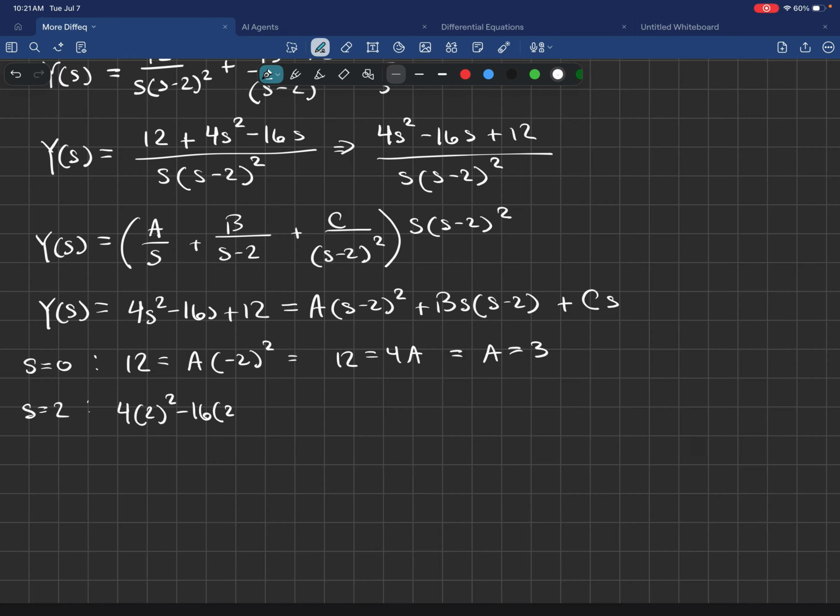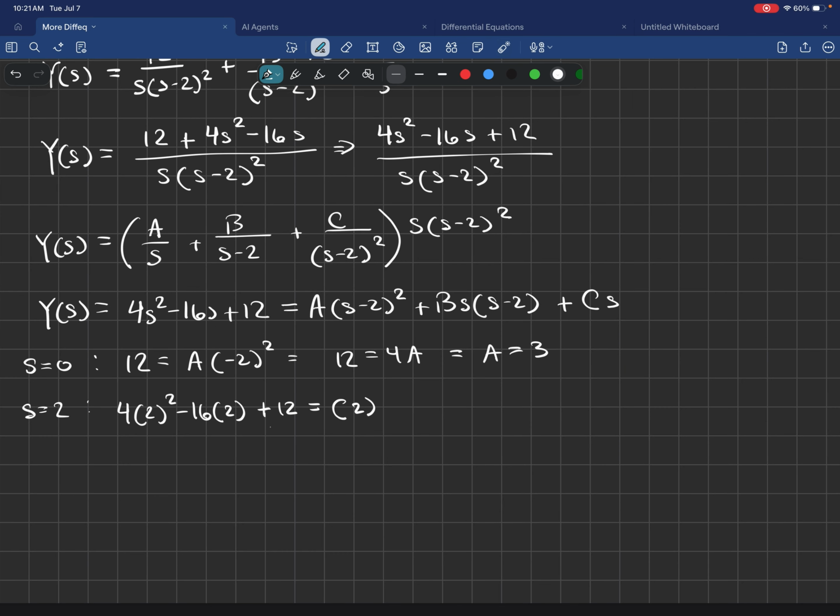And again, this is the messiest part of this whole thing. It's a lot of steps, but what can you do? I also wanted to point out, as s equals 2, and this is the reason why we chose 2, this term drops and this term drops, because 2 minus 2 is 0, this is just multiplied by 0.